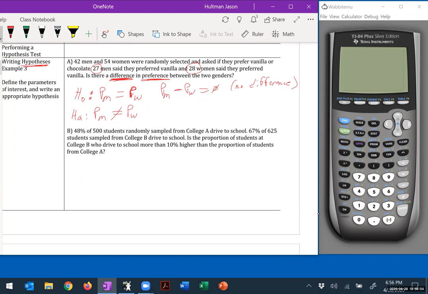Or we could say that P men minus P women is not equal to 0. So that a difference exists.